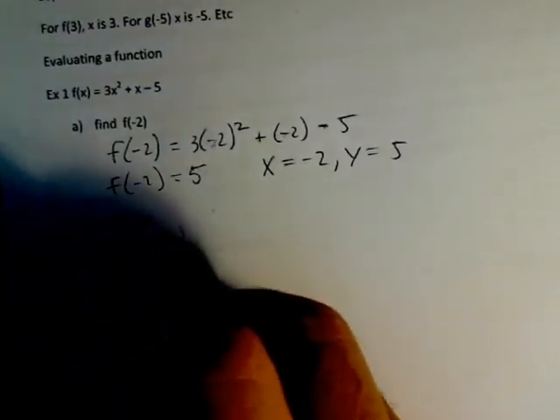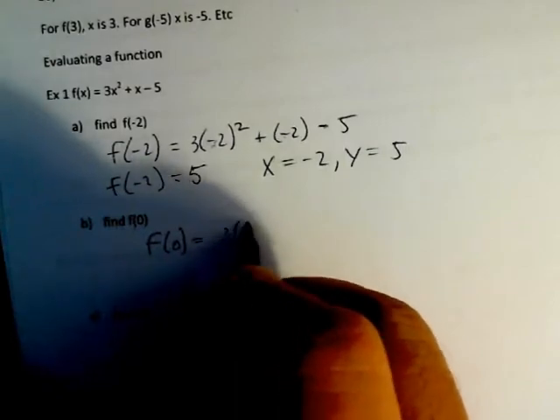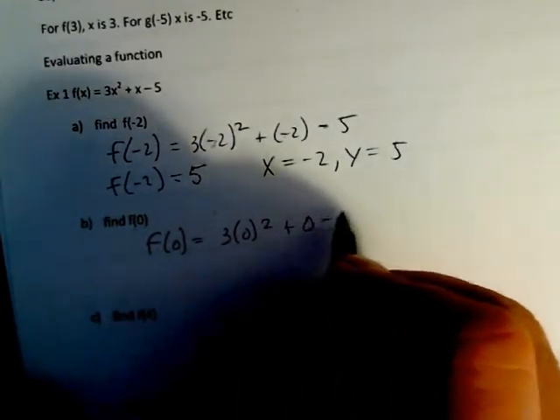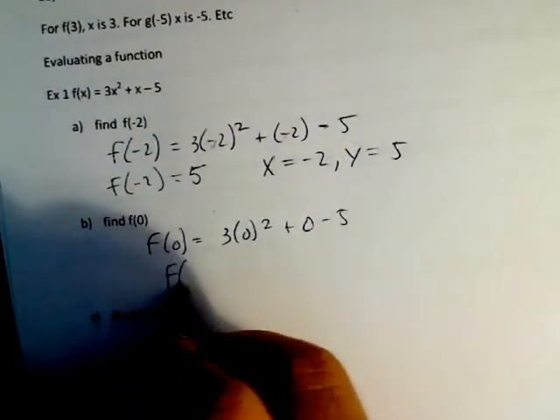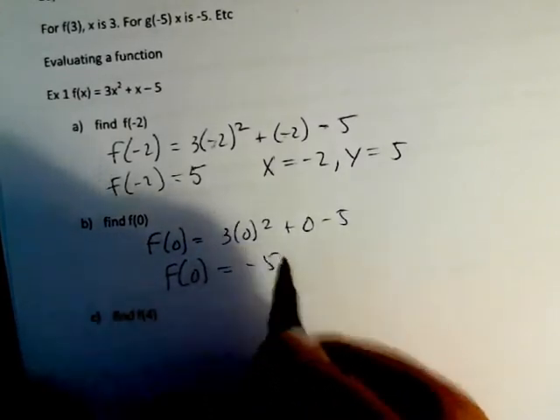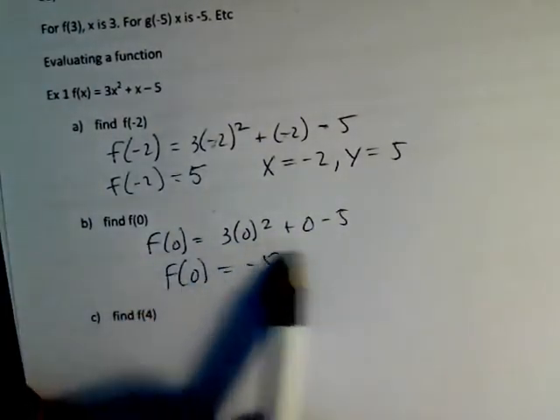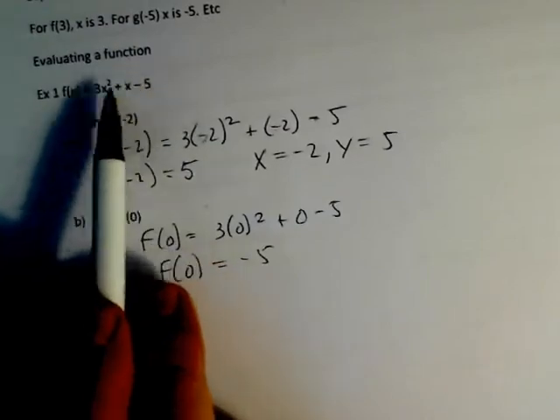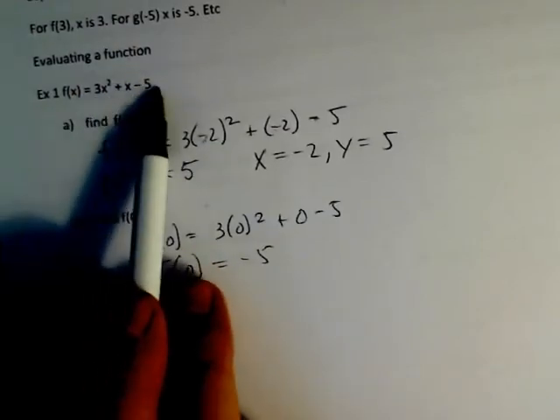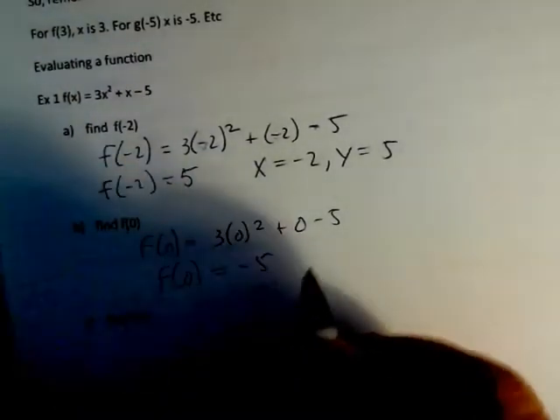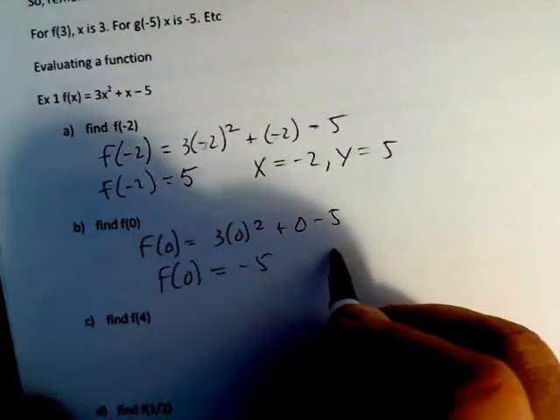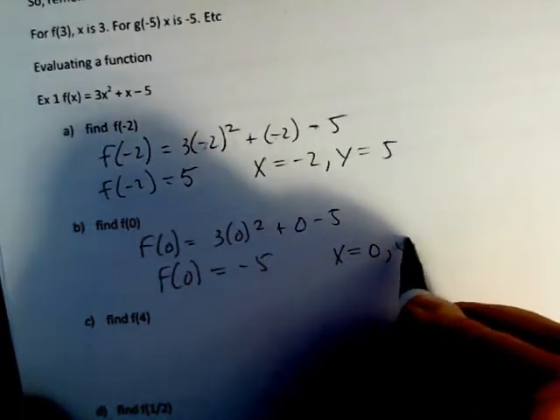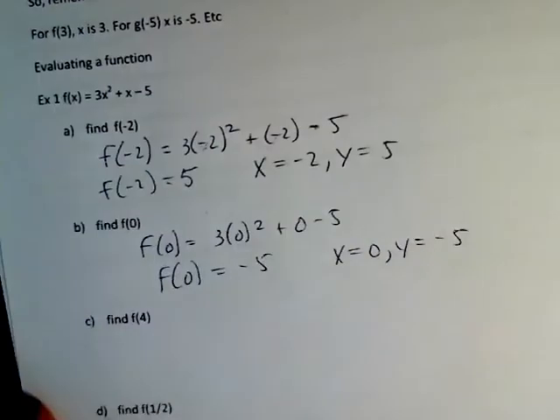So f of 0 is 3 times 0 squared plus 0 minus 5. And maybe many of y'all figured out that you really didn't even need to substitute it in, because when I put in 0 for these x's, they go away. So here is my y-intercept. X is 0, y is negative 5.